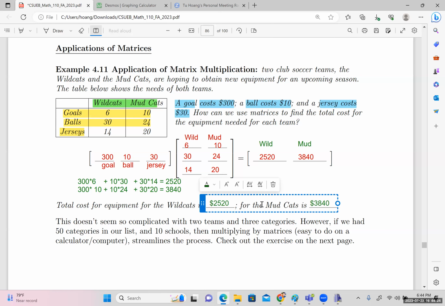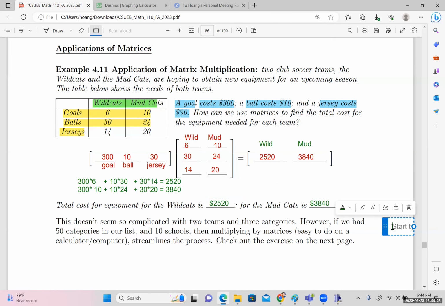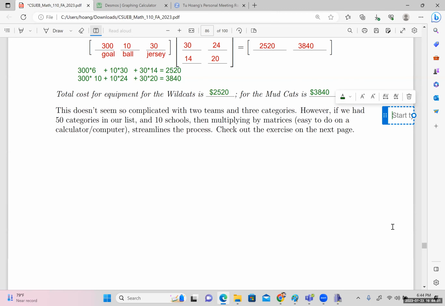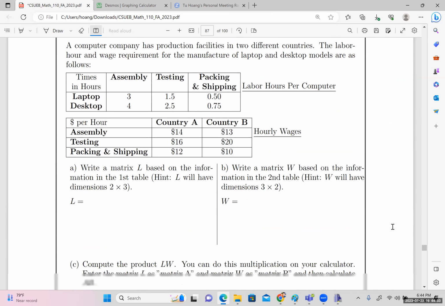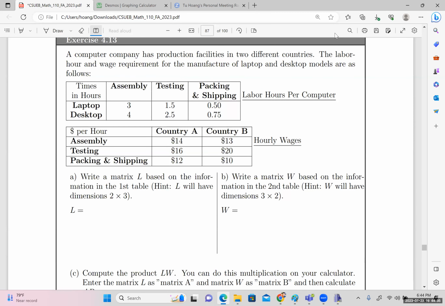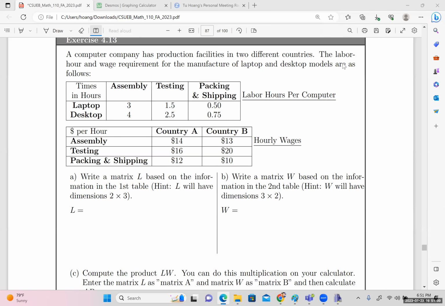So check out the exercise on the next page, C, okay? You guys can pause my video and try it for 5 minutes and then come back to check the solutions.